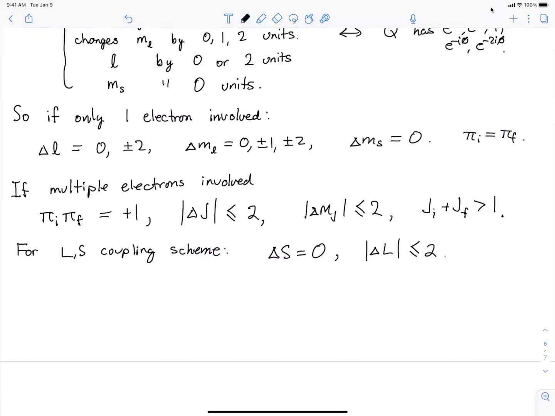And one immediate consequence of this is you cannot have both E1 and E2 for the same transition.